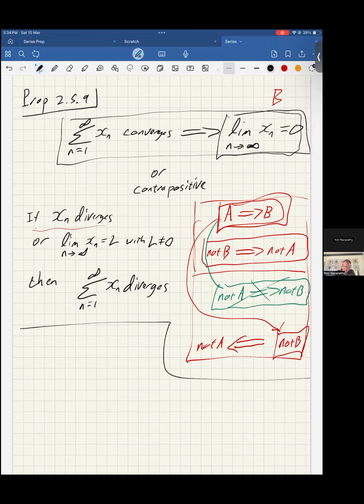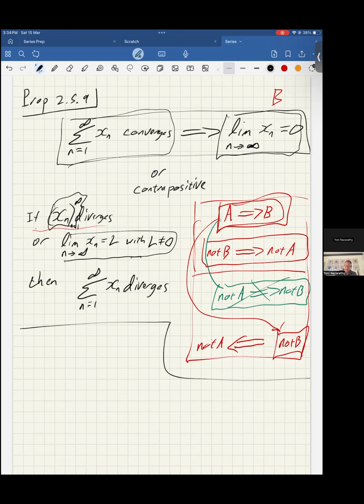When I said xn diverges, I mean the sequence xn diverges. Or maybe it converges, but its limit is just not 0. Then not A. What's not A? Well, the not of the series converging, I should call this sequence in my words, sorry, the series converging, the not of this is this diverging.